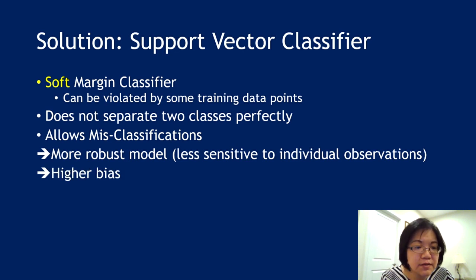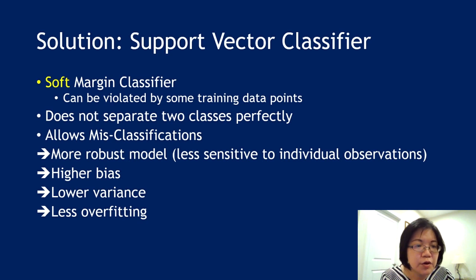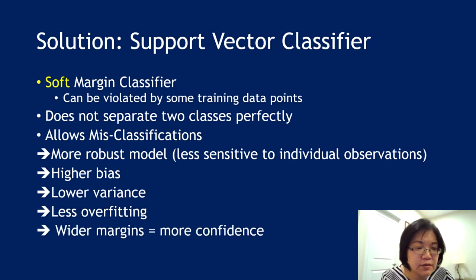So it increases bias at the training stage, but hopefully gives us lower variance at the testing stage, which means better prediction. So with the soft margin, we're hoping to lower the chance of overfitting and get wider margins that give the model more confidence.